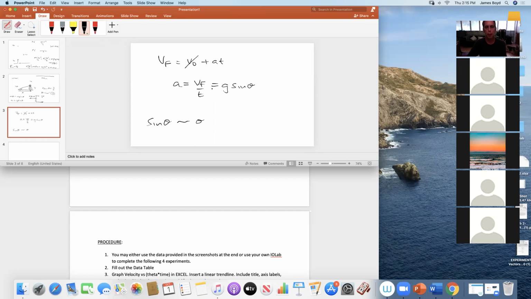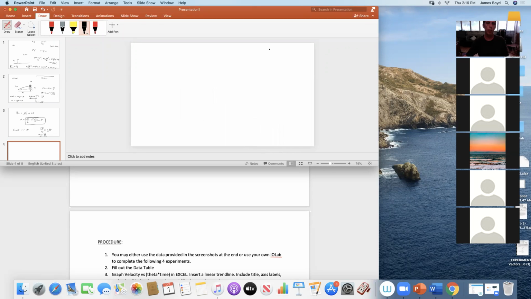But if that were true, we could solve for our quote unquote g by putting V final over T is g theta, so experimental g will be V final over theta T. Theta has to be in radians in this problem, because if it were degrees, it's not in the proper units.